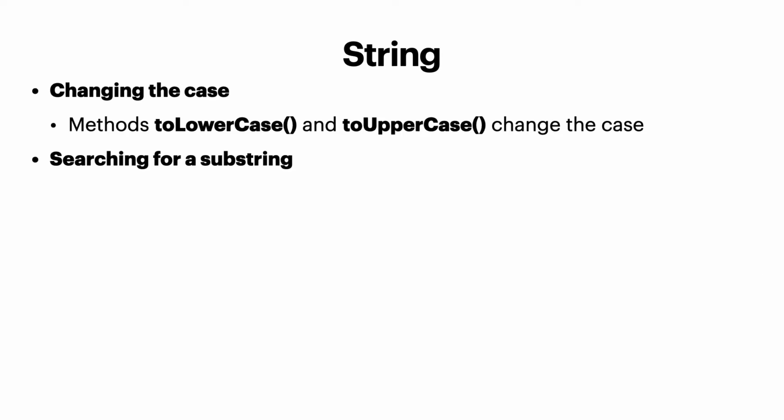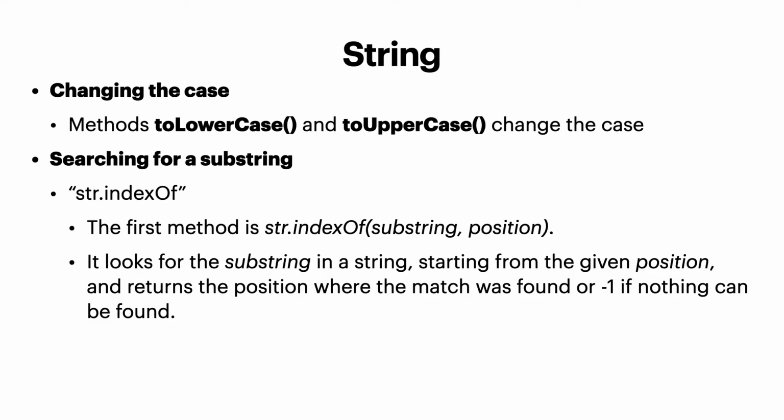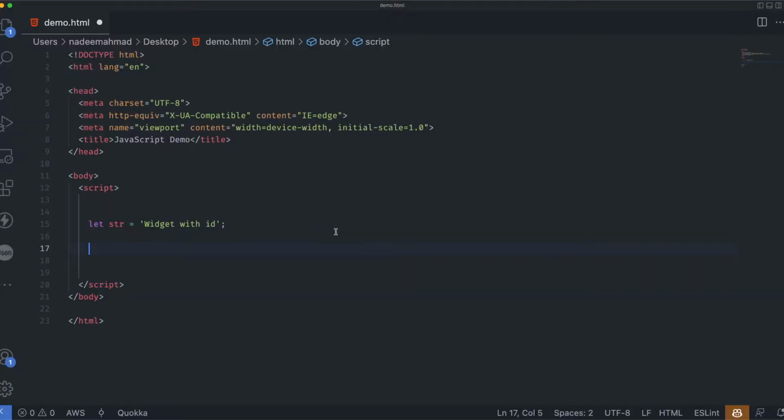Searching for a string. There are multiple ways to look for a substring within a string. The first method is called string.indexOf. It looks for the substring in the string starting from the given position and returns the position where the match was found, or -1 if nothing can be found. So let's say we have this string and the value is "Widget with id".